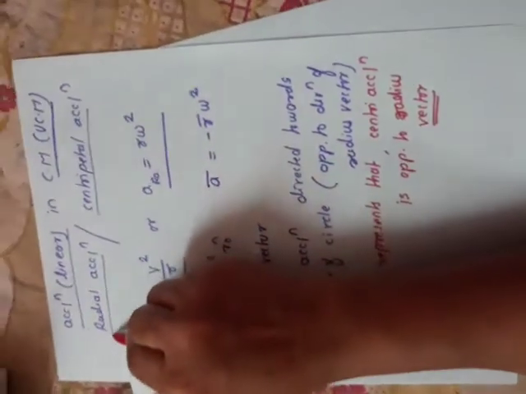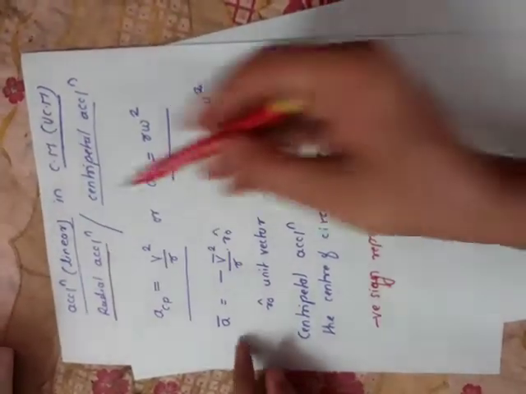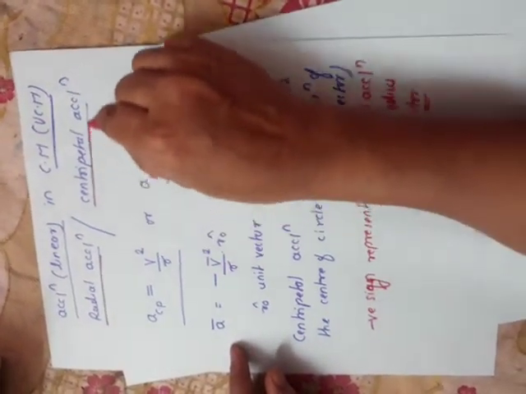Hence it is known as radial acceleration. As it is directed towards the center, it is known as centripetal acceleration.